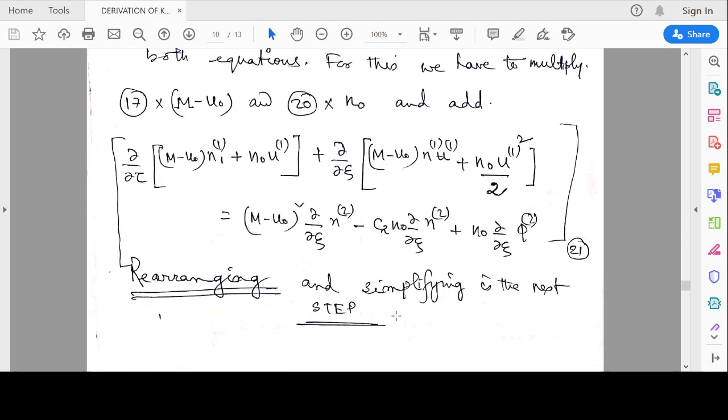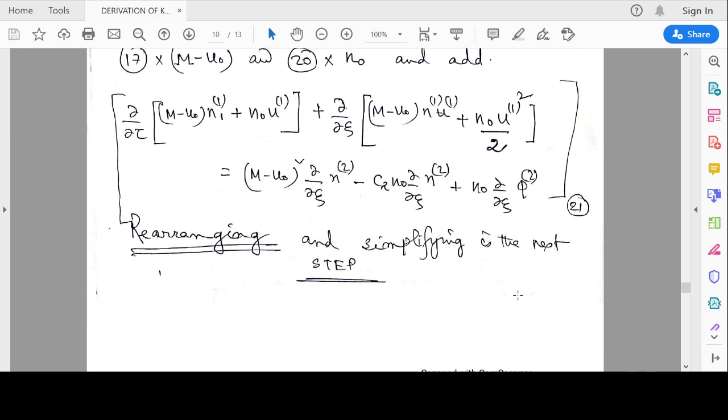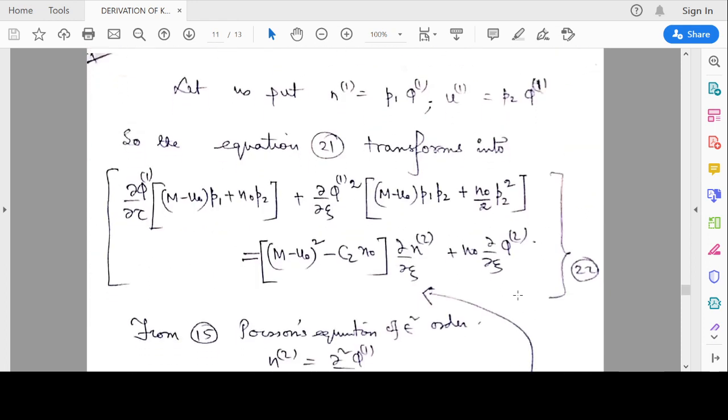So rearranging and simplifying is the next step. What we do here is, we have simplified it in terms of phi 1, because you have your three equations and you have three variables. What are the three variables? n, u and phi. So you have to bring it down in terms of phi.